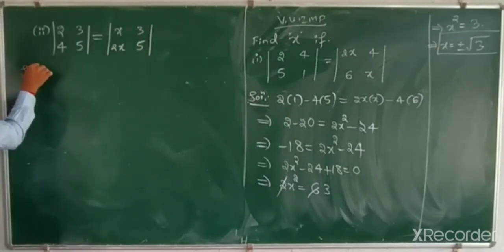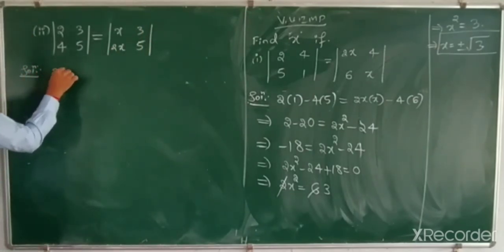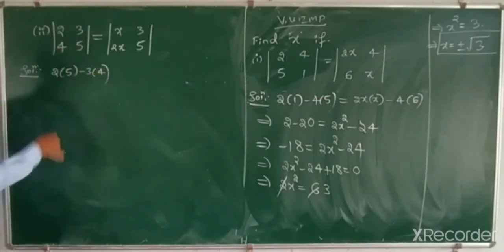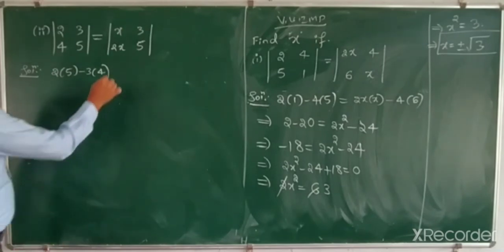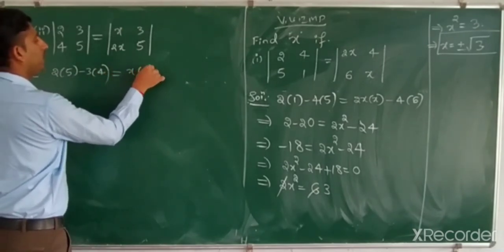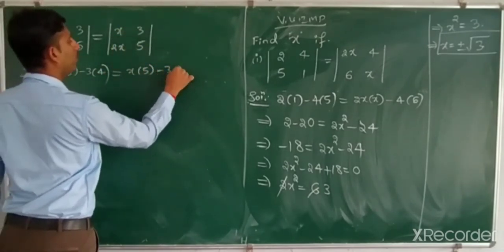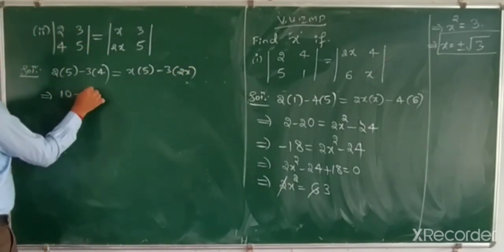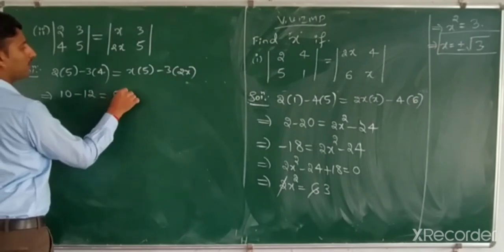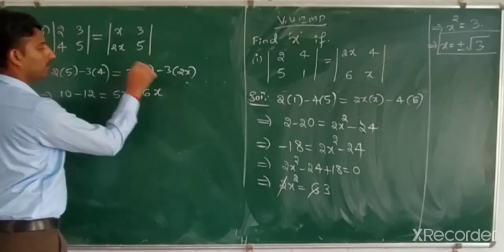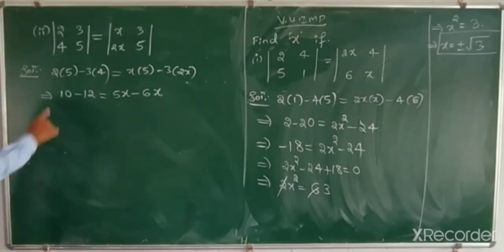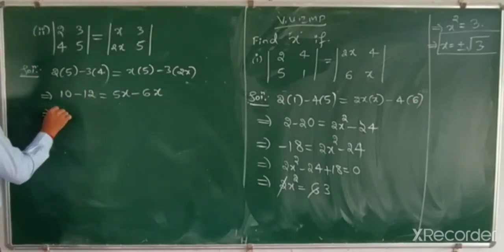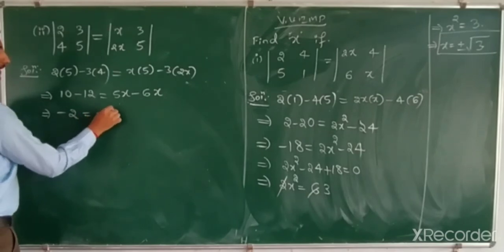Solution: 2 into 5 minus 3 into 4, AD minus BC, is equal to x into 5 minus 3 into 2x. Which implies 5 into 2 is 10, minus 12, is equal to 5x minus 6x. Correct? 10 minus 12 is minus 2, which is equal to minus x.